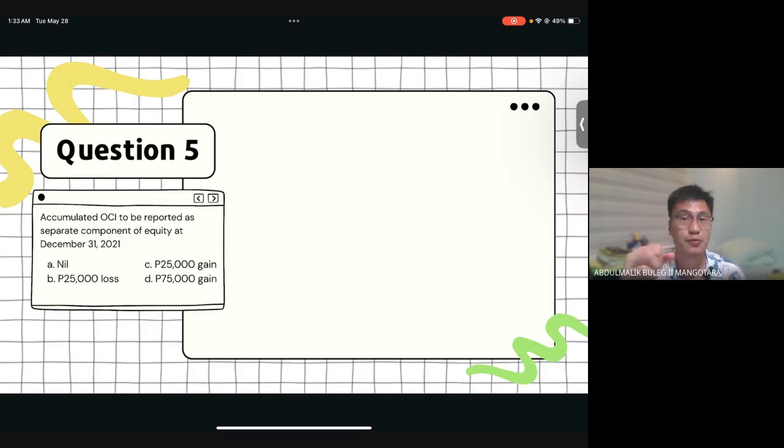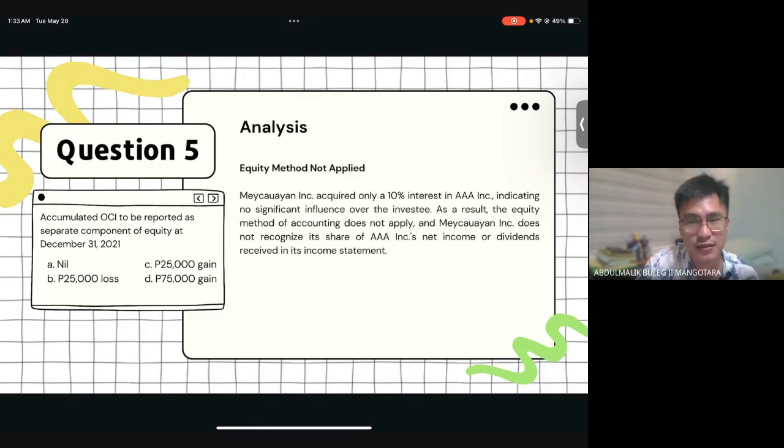Instead, under the equity method, the investor recognizes its share of the investee's net income and dividends received, directly impacting the CA of the investment. In this case, Mikawayan Incorporated only acquired a 10% interest in AAA Incorporated, indicating no significant influence, and therefore the equity method does not apply.